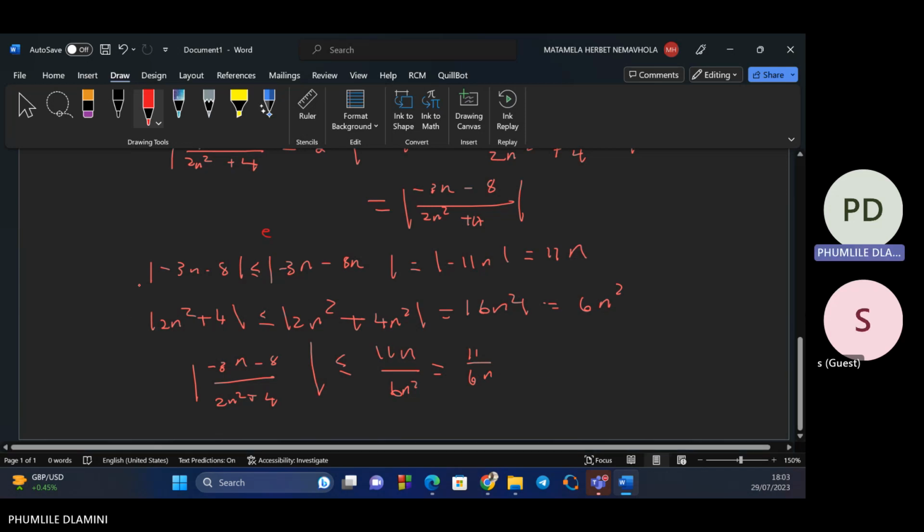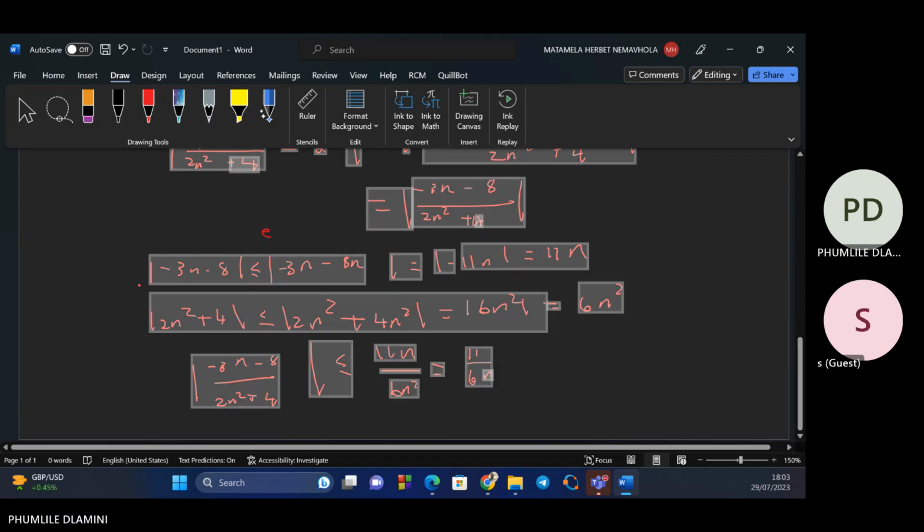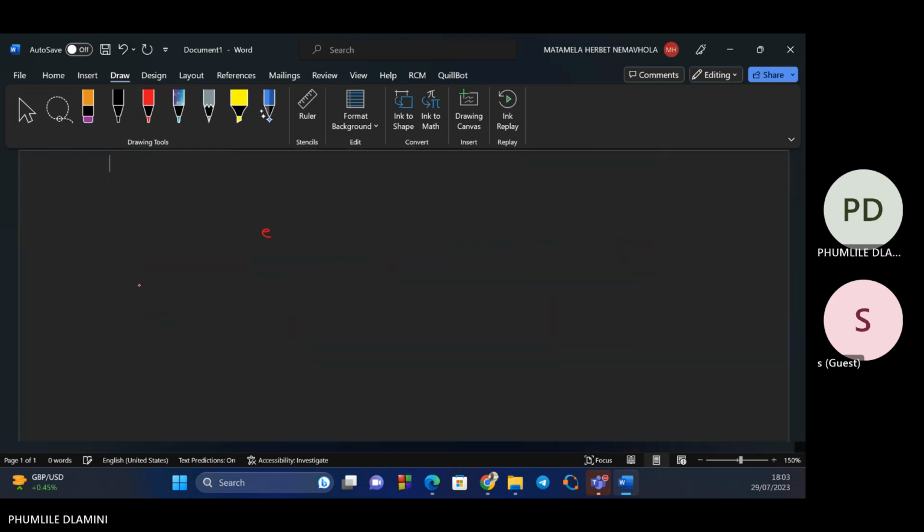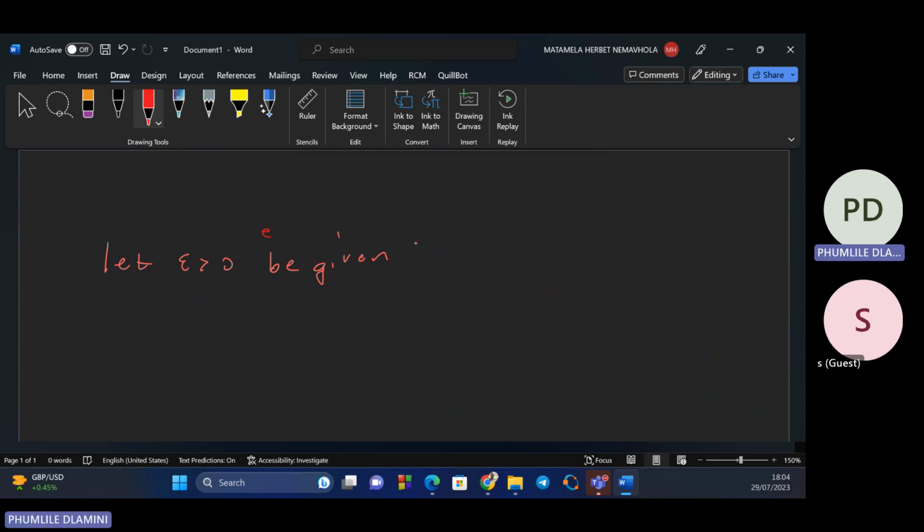Then we let epsilon greater than 0 be given.